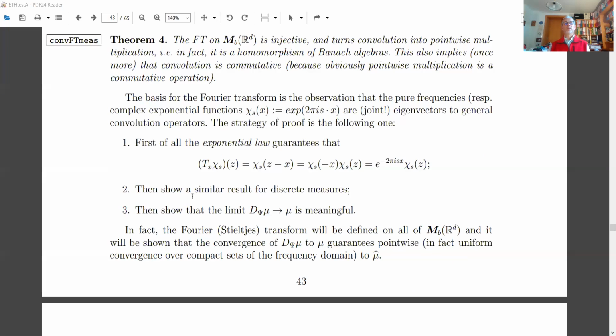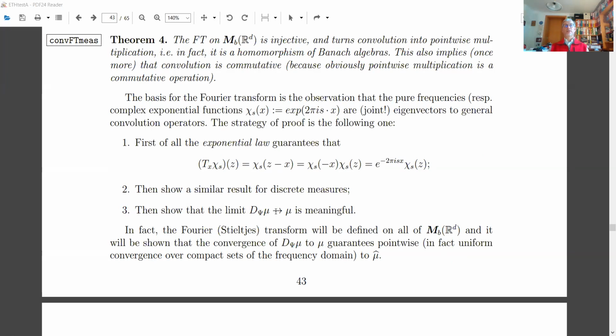Now, if you have a linear combination of operators with the same eigenvectors but different shift parameters, you can do it for finite discrete measures. Therefore, if you take limits, you can observe that these characters are also eigenvectors for general discrete bounded measures.